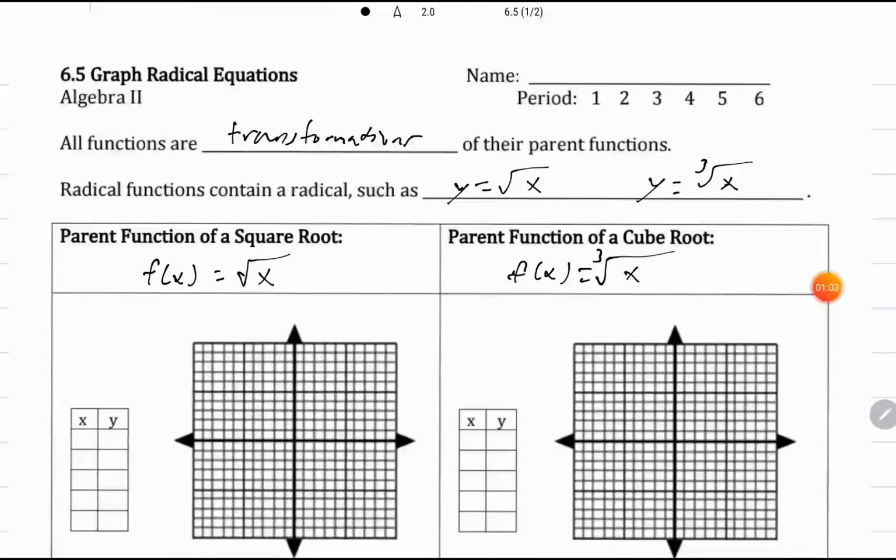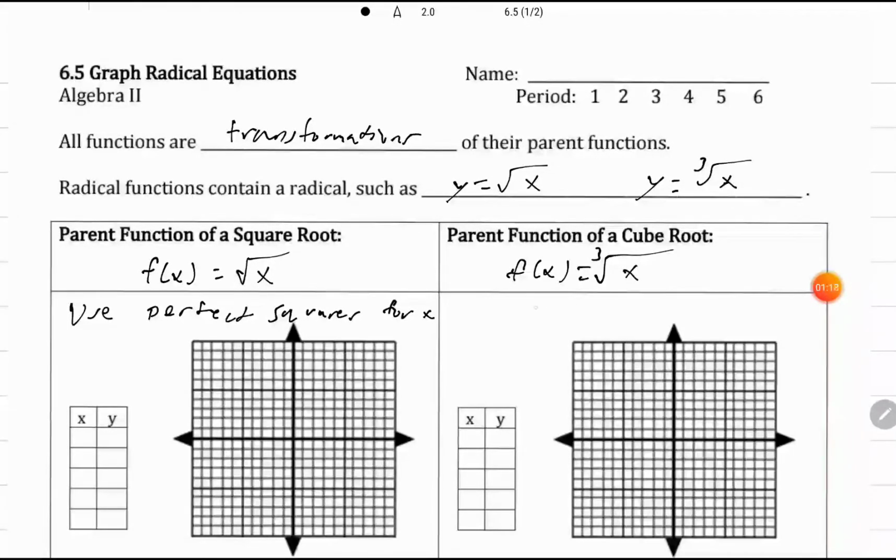When you're graphing square roots or cube roots, use perfect squares for square roots. This is for your x values, by the way. Use perfect cubes for x. And, well, what's perfect squares, perfect cubes?